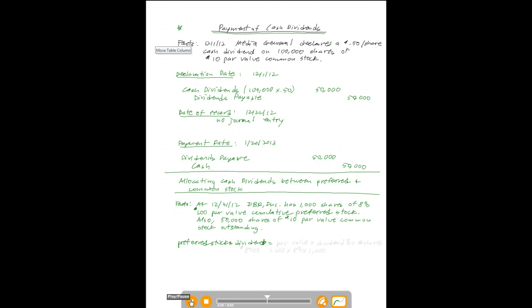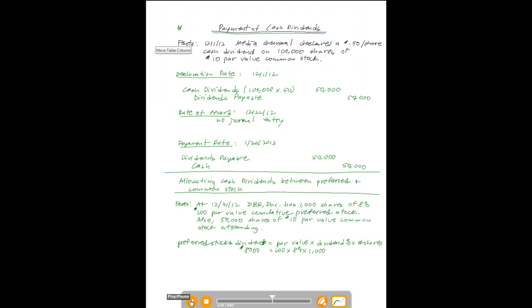You take the par value, which in this case is $100, times the dividend percentage, which is 8%. So that's $8 a share, and you times it by the number of shares that they have outstanding, which is 1,000. So the preferred dividends are going to be 8,000.